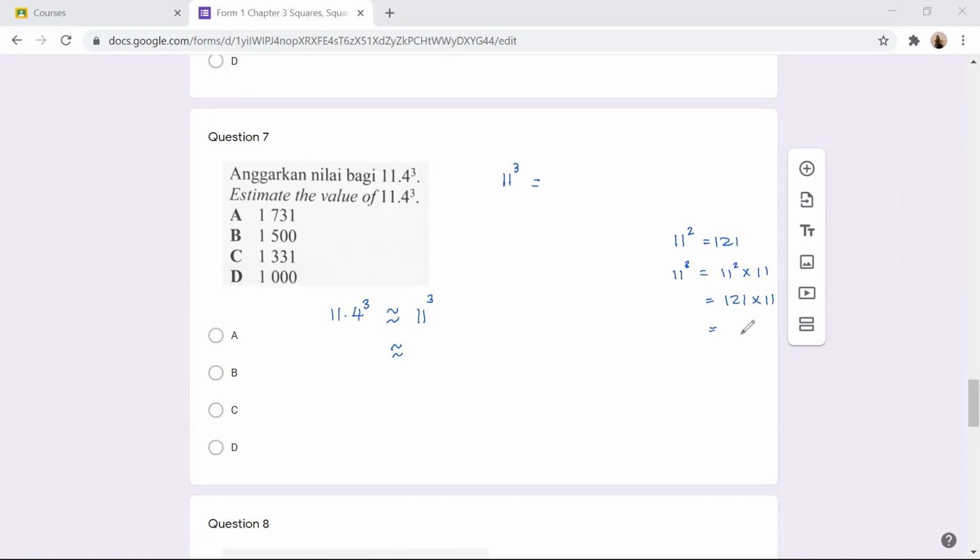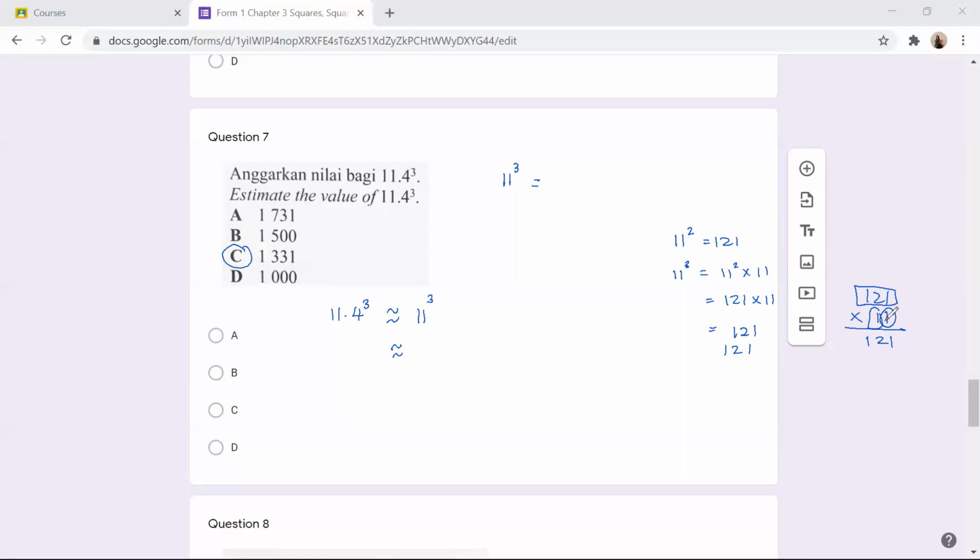So we will have 121 plus another 121, so we have 1,331. So C is the answer. How do I get this? Actually, it's 121 times 11. So 1 times 121, you get 121.